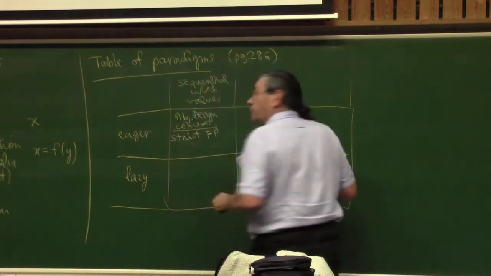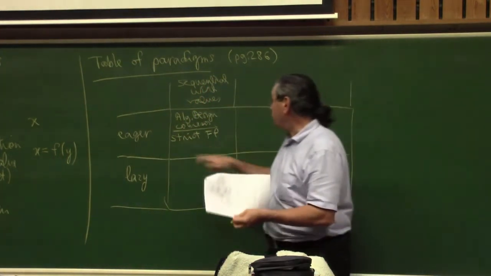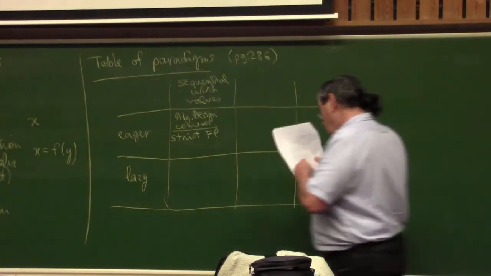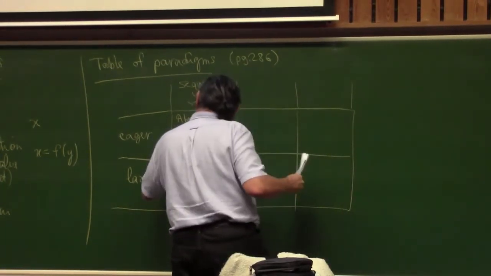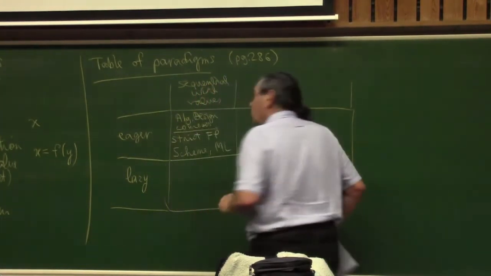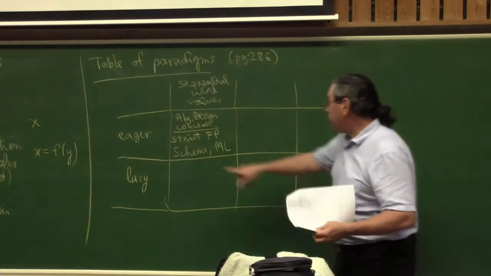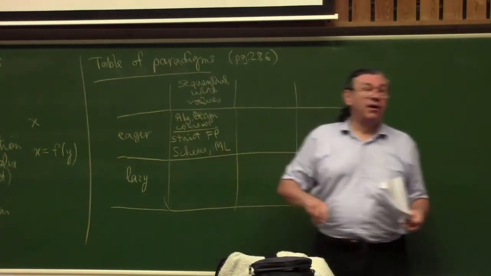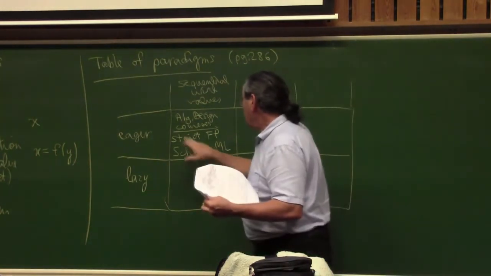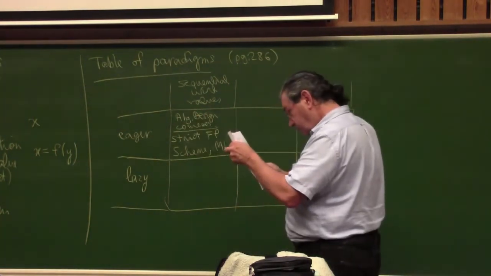What's usually called strict functional programming. Strict is a very similar concept to eager. Okay? And typical languages here are Scheme and ML, which have very active communities. So these languages are very lively, and have many people using them. But they are sitting there.